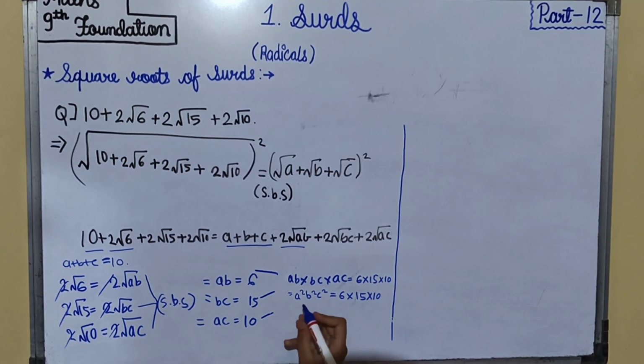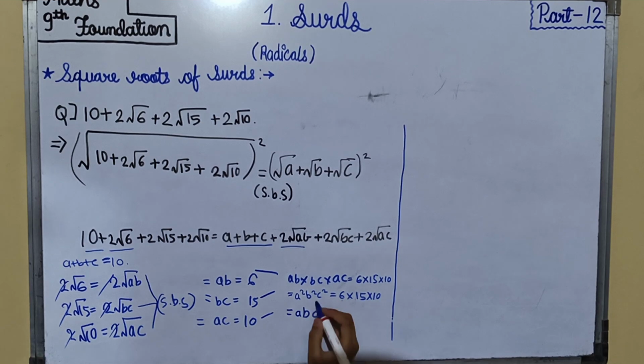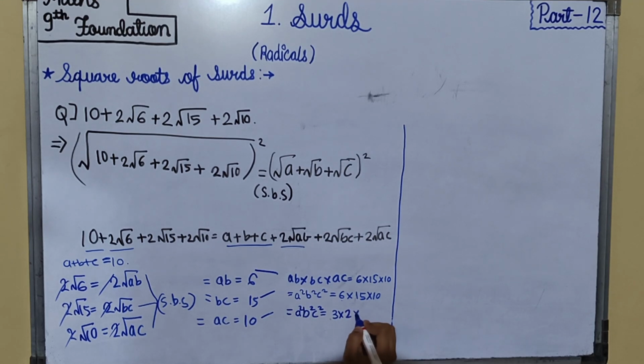We have to find the value of abc now. For that, this 6 we can write as 3 into 2, 15 we can write as 3 into 5, and 10 we can write as 5 into 2.